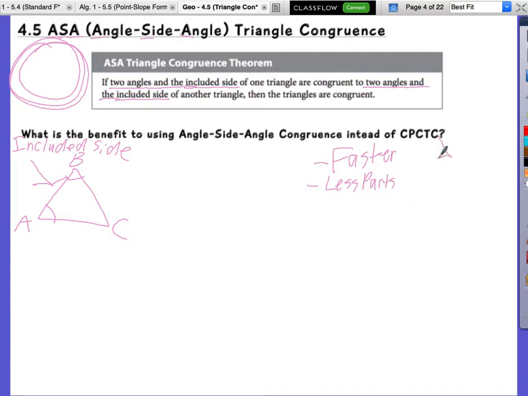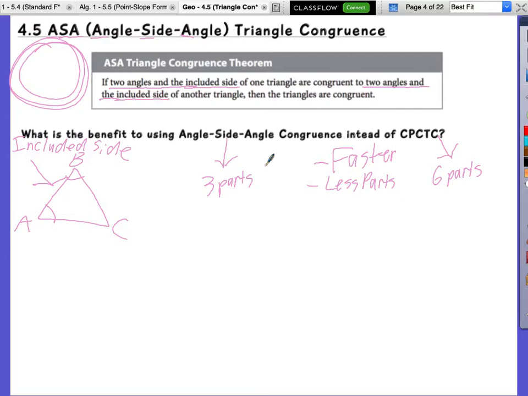How many parts do we do for CPCTC? 6 parts. We have 3 sides, 3 angles. How many parts do we need for angle, side, angle? 3. So you need half as many. Do we think it might be easier sometimes to find half as many than it is to find 6? Yeah. So that's why this would be a benefit to use.